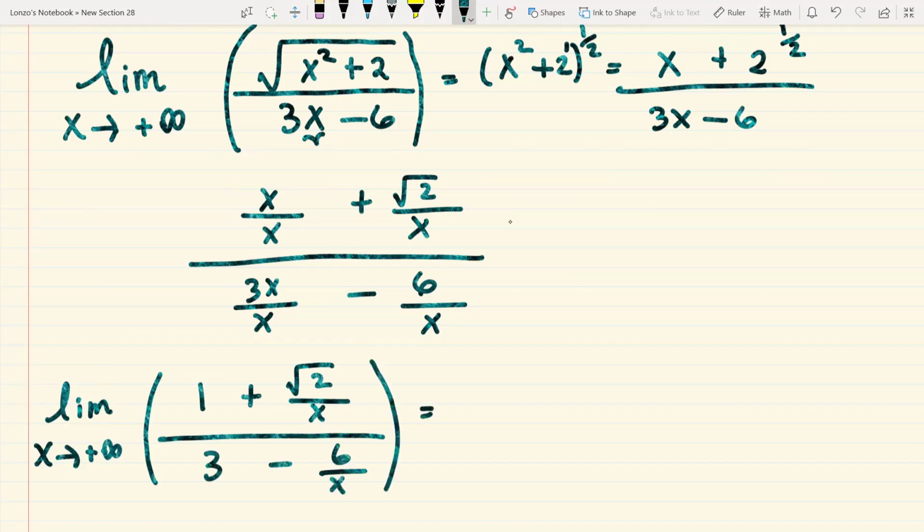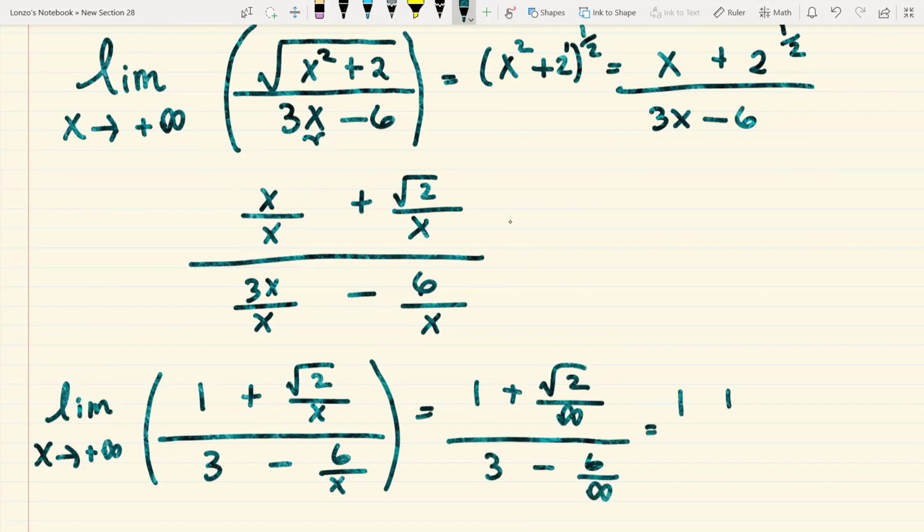Okay, now you can plug in your x value, infinity. So it's 1 plus square root of 2 over infinity, over 3 minus 6 over infinity, right? Okay, so this 1 stays the same. And then what's radical 2 over a very large number? We said that will be 0.